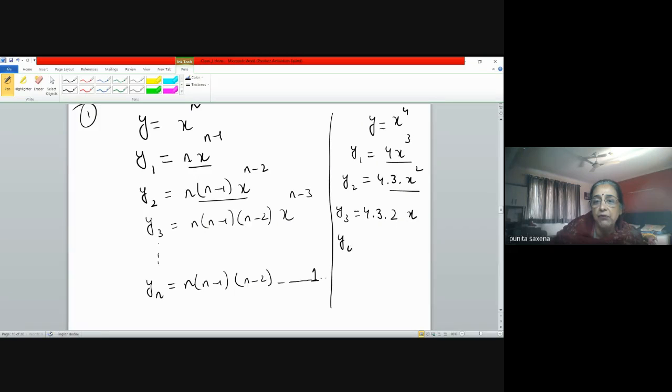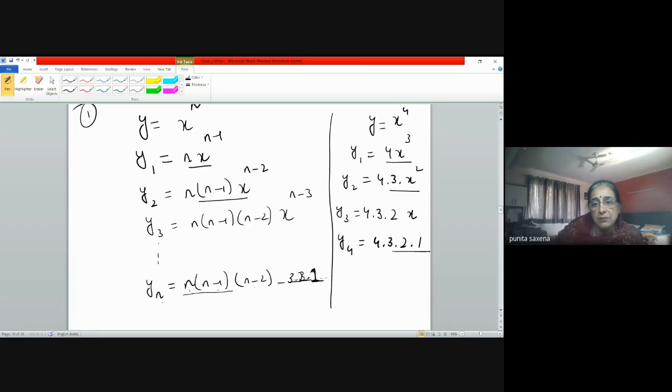And y4 is 4 into 3 into 2 into 1. So your yn will be n into n minus 1 into n minus 2, and so on till 2 into 1. That's how it is going to end up.